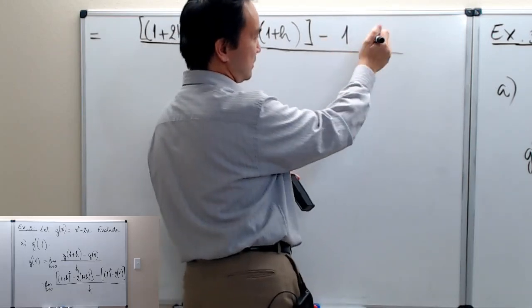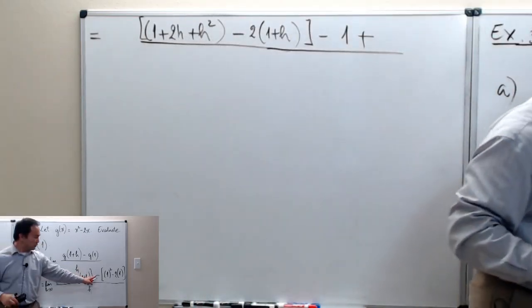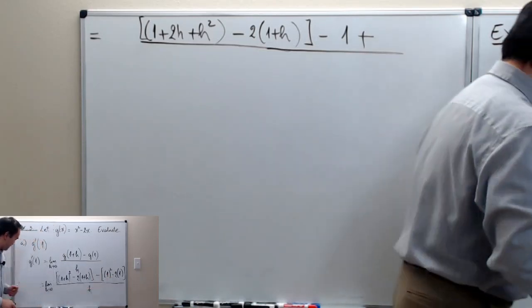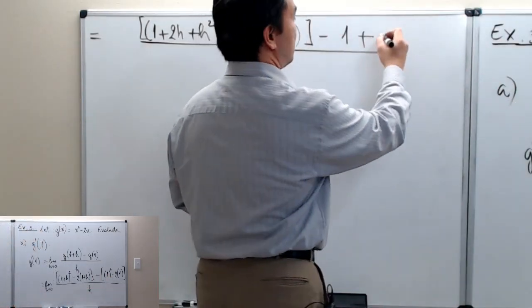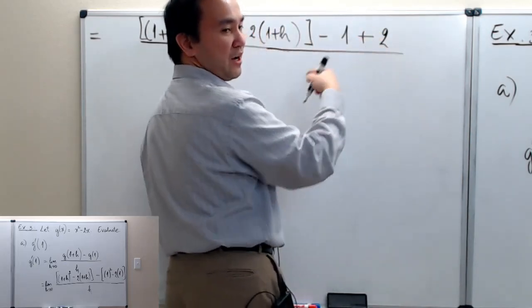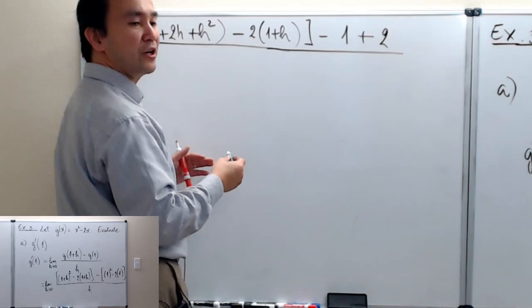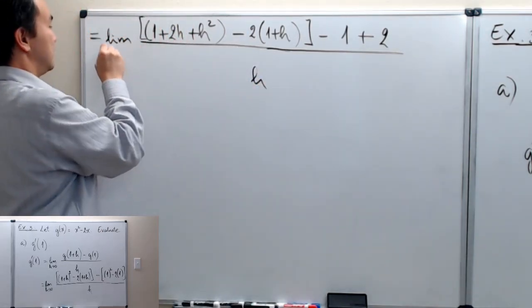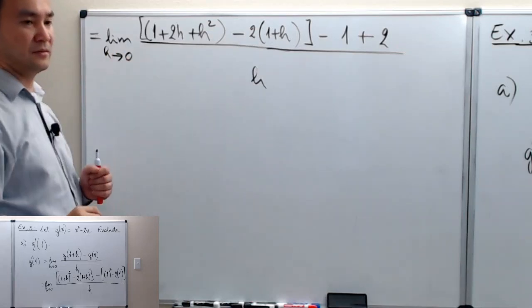So minus 1, but then plus, due to a sign change here with a minus a negative inside. And so plus 2, and you have your choice to go ahead and combine like terms for those. So I'm holding on to the next step. Okay, over h, as the limit goes to 0.